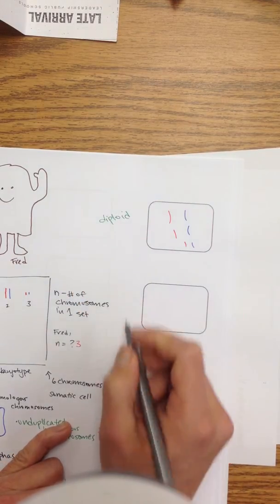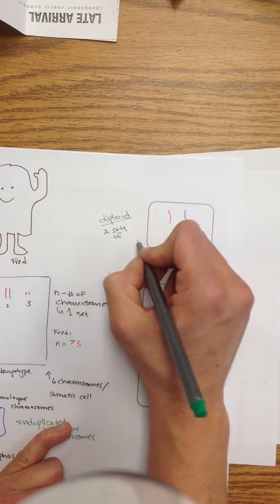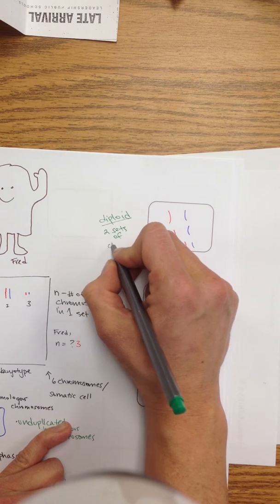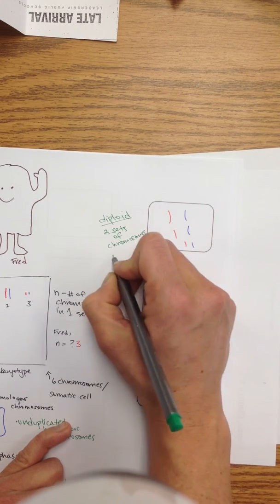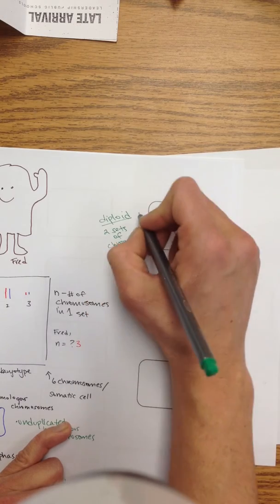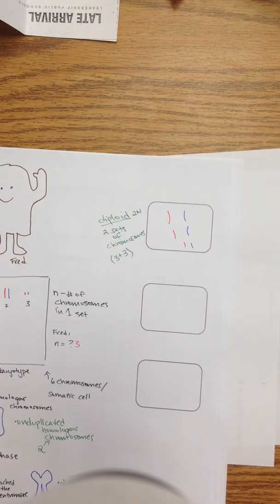It is a diploid cell. There are 2 sets of chromosomes. 3 plus 3, also known as 2N. I have 2 sets of 3 chromosomes.